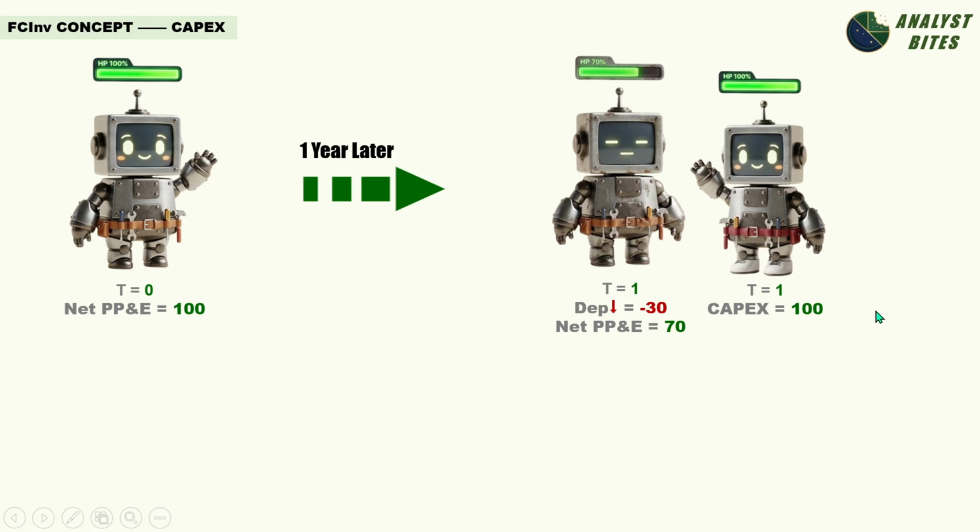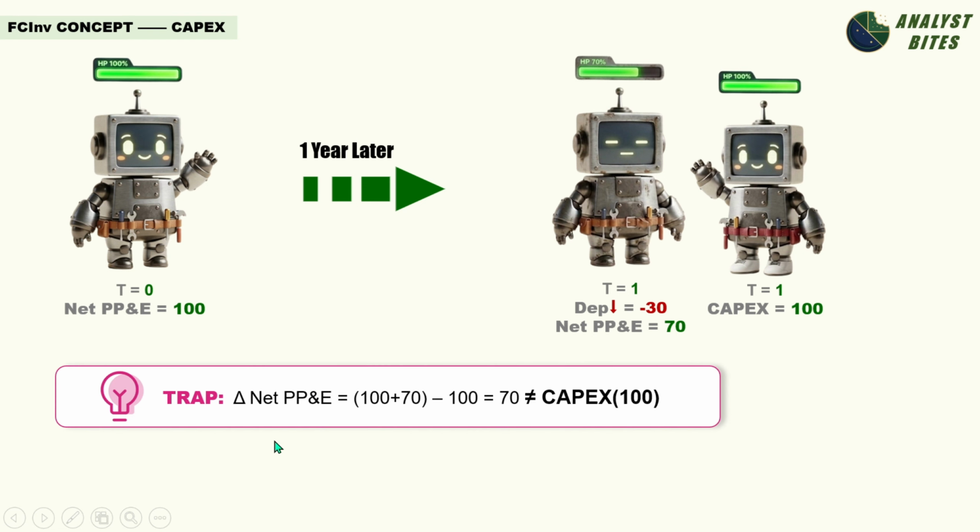Here is the trap most students fall into. They assume the change in net PP&E is the CapEx. But let's do the math. The ending PP&E is 170. 70 from the old robot, 100 from the new, and the beginning was 100.